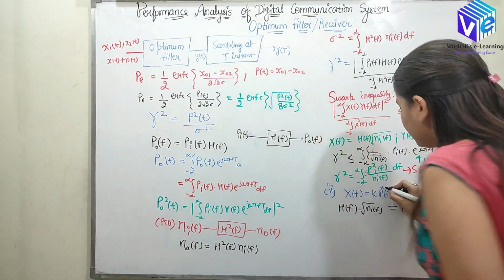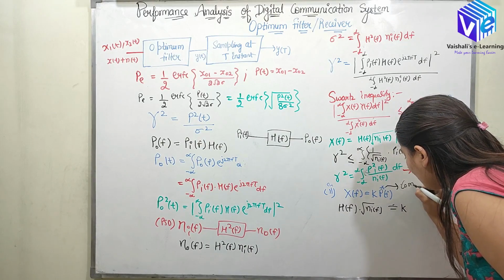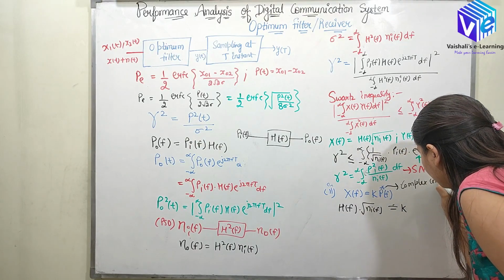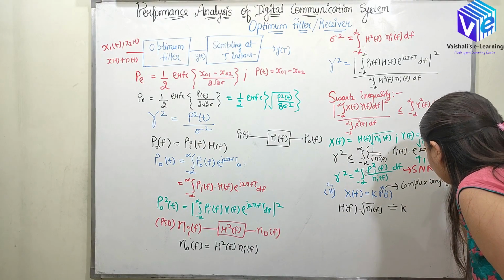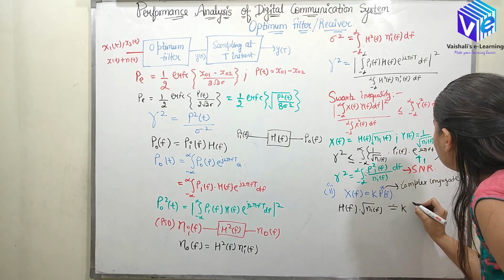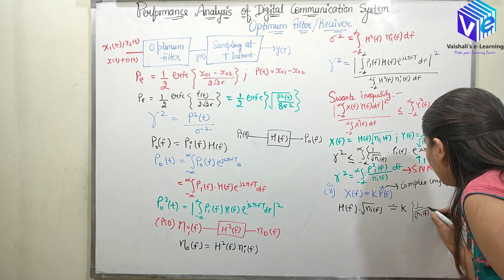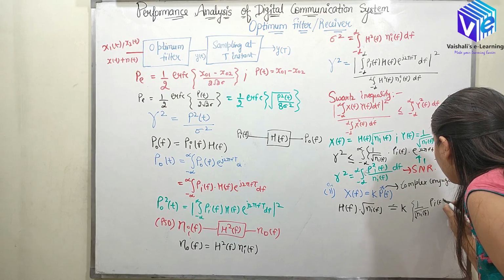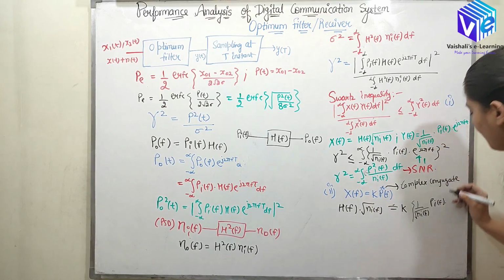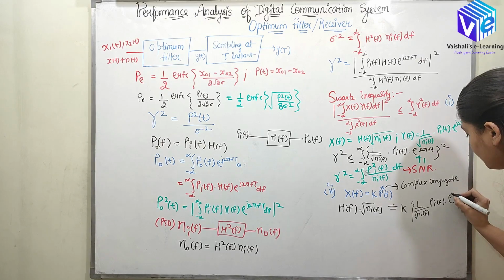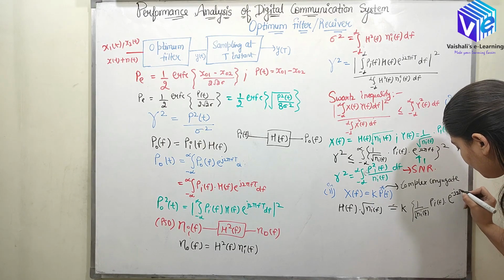So P star, this star represents the complex conjugate. So now k into 1 upon Ni(f) root P(f), and the complex conjugate of e raised to power j 2 pi ft would be e raised to power minus j 2 pi ft.